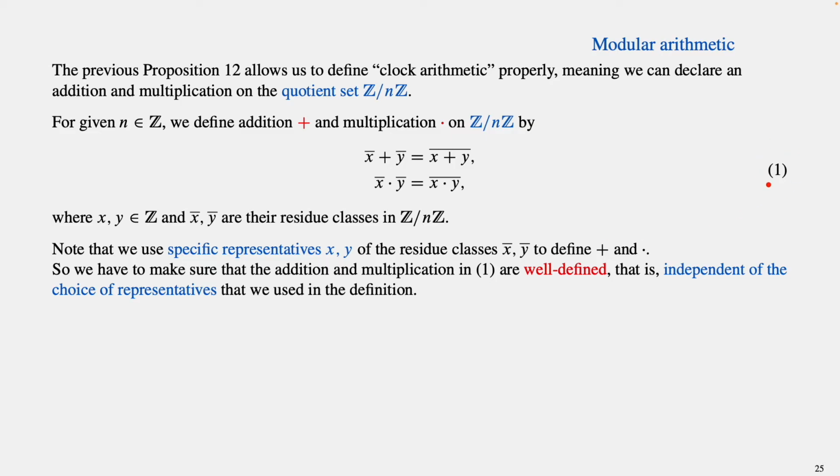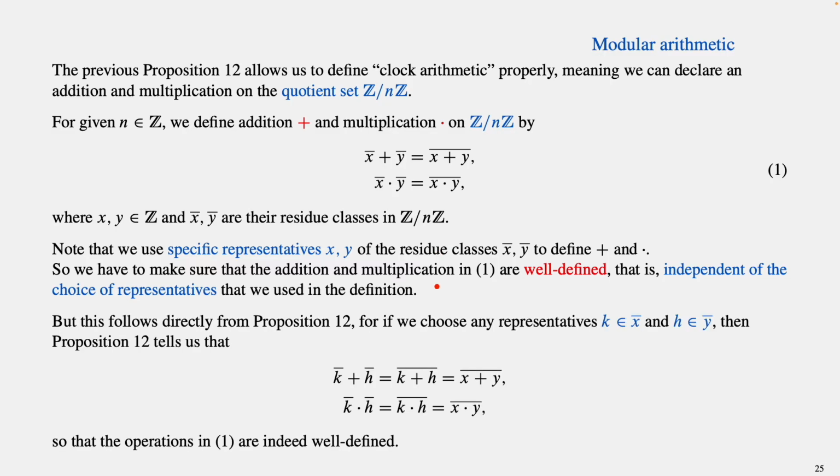I gave this the name 1, so we have to make sure that addition and multiplication in equation 1 are well defined, which means they are independent of which representatives I choose to define it. And this is something we need to check. And in fact, we've essentially done this in proposition 12, because if we choose any representatives k from the class of x and h from the class of y, then proposition 12 tells us that the class of k plus the class of h equals the class of k plus h.